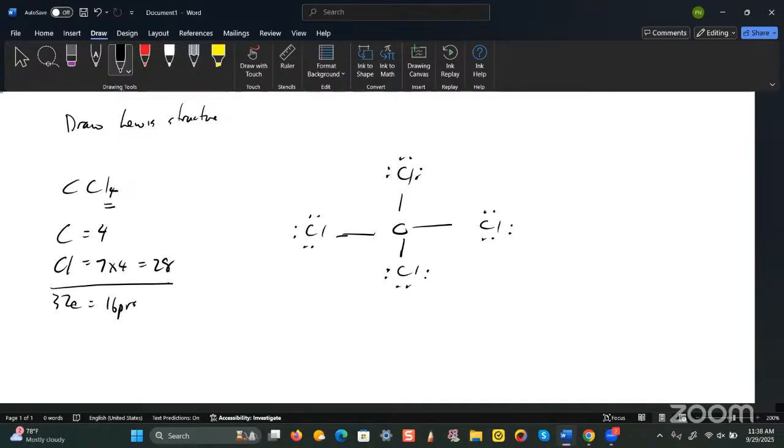And let me just say this. There's another way which I did not mention in terms of representing the Lewis structure, specifically as it relates to the non-bonding pairs, right? So I'm just going to draw this representation here.